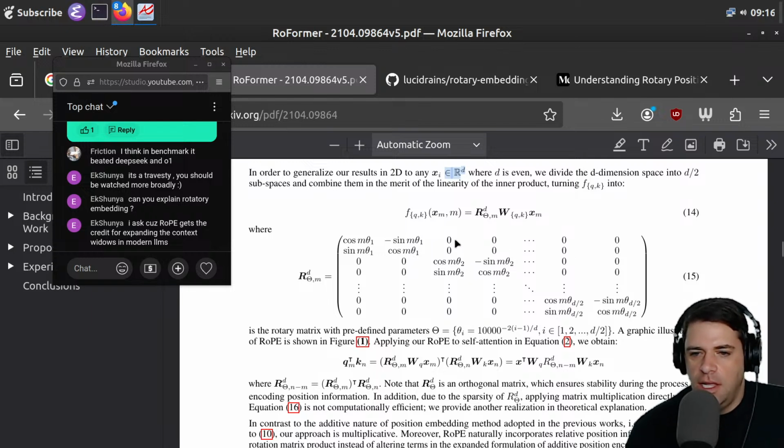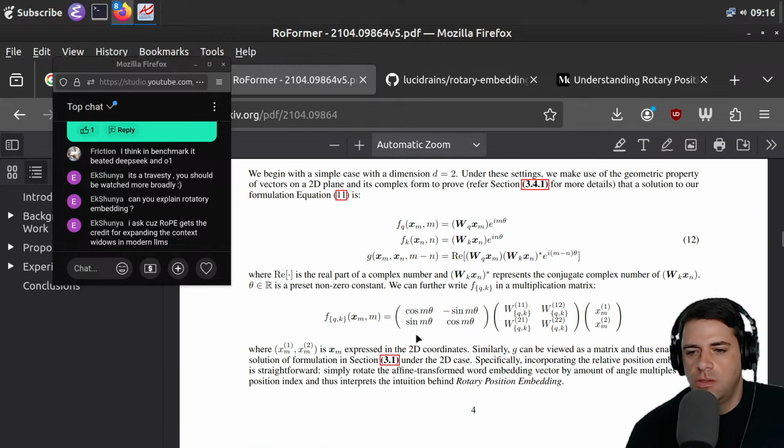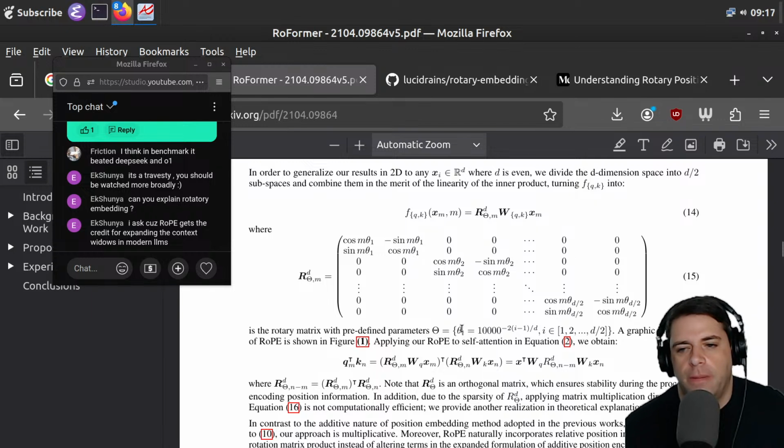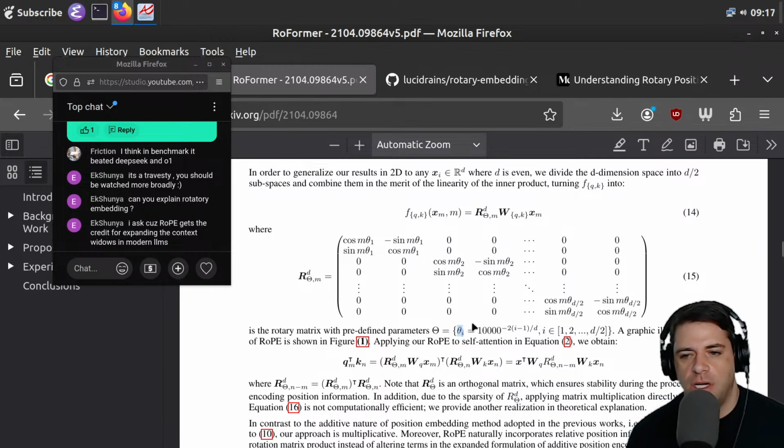This is, I think, literally a direct sum of a bunch of these matrices. It is the rotary matrix with predefined parameters. So you need some angle. Well, in particular they choose theta sub i to be 10,000 to the negative 2(i minus 1) over d.